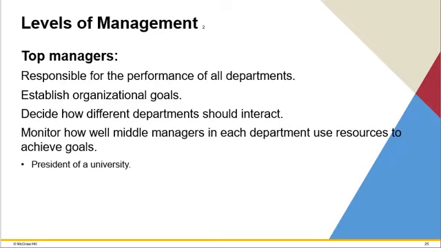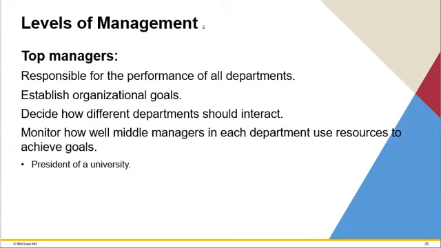And top managers establish organisation goals such as which goods and services the company should produce, macam mana departmental interaction. Okay, diorang akan monitor the middle managers. Okay, so contoh top managers adalah siapa? Contoh dalam company, CEO adalah yang paling tinggi lah.